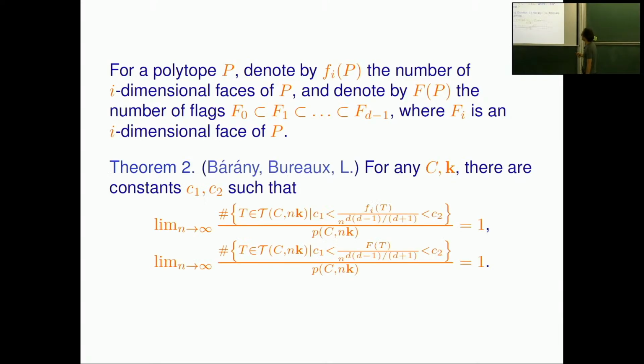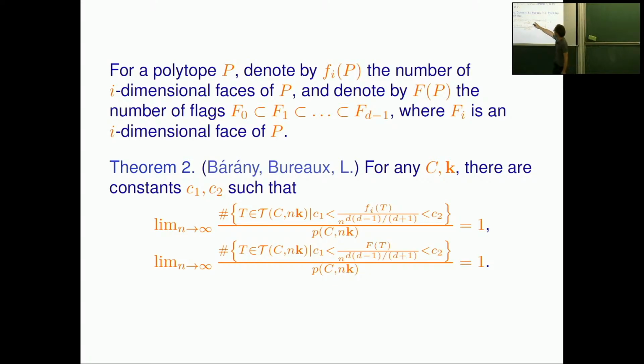The second result is that we can characterize or bound the number of faces of a random zonotope. So this is the first part of saying what does a random lattice zonotope look like?